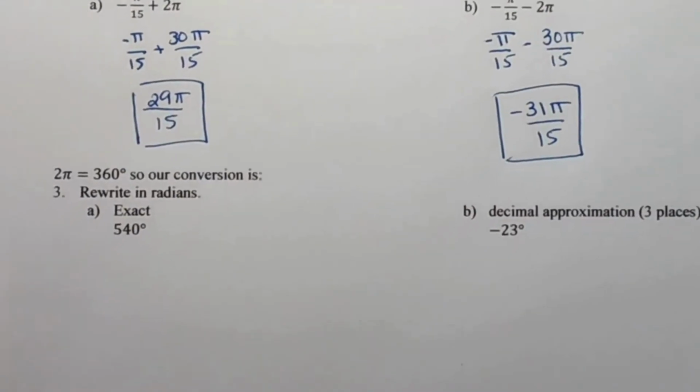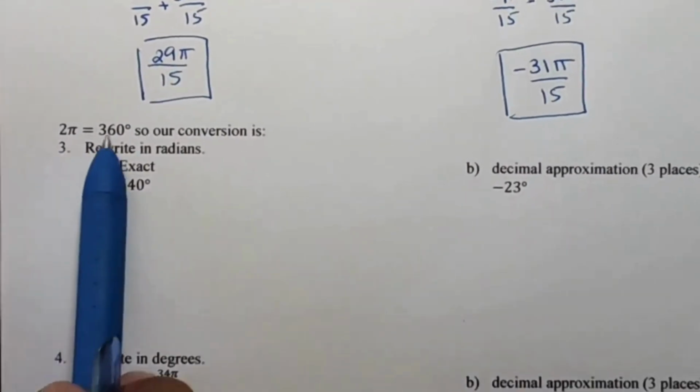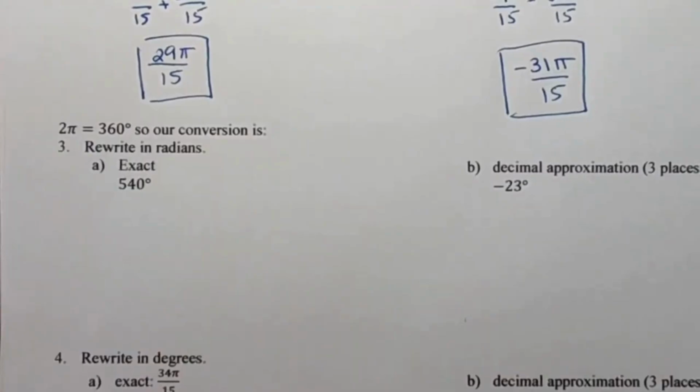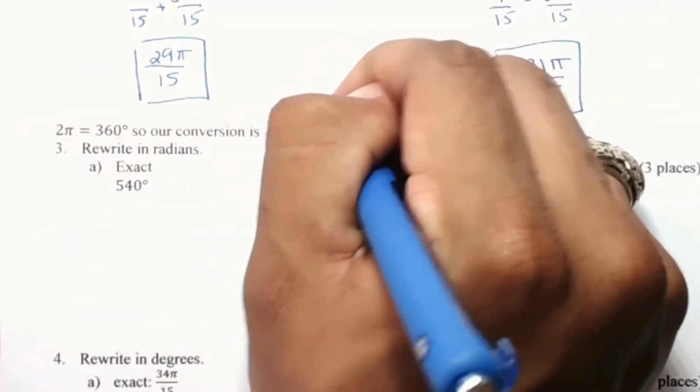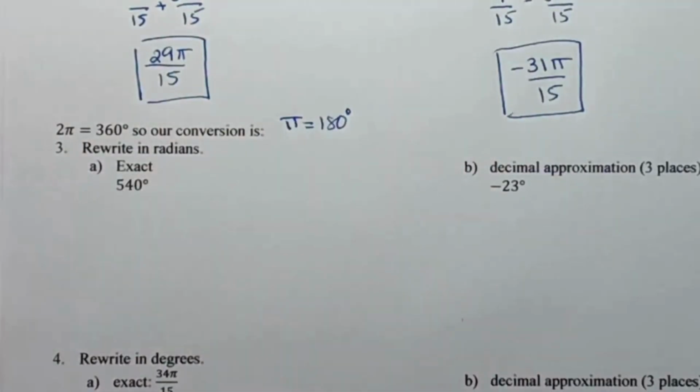Now, we've talked about this already. I talked about a full circle being 2 pi. A full circle in degrees is 360, and they're still illustrating the same circle. So our conversion is really 2 pi equals 360 degrees. But like every fraction, it should be reduced. So let's make this number smaller. Pi is essentially just 180 degrees.